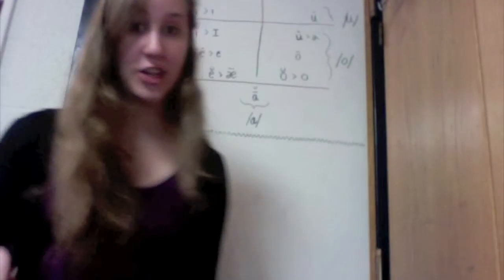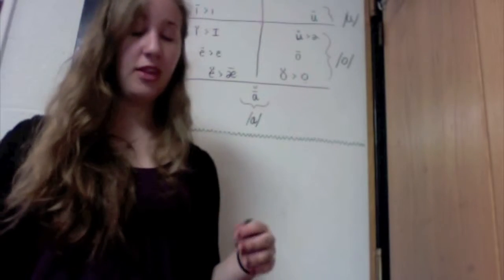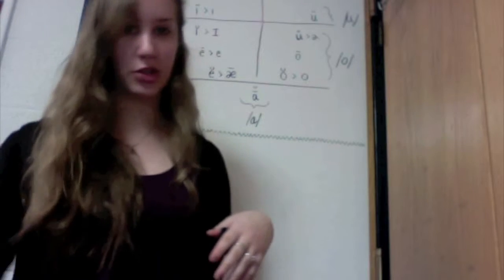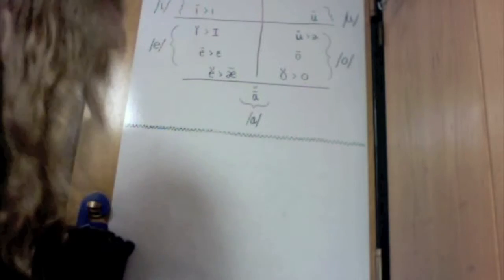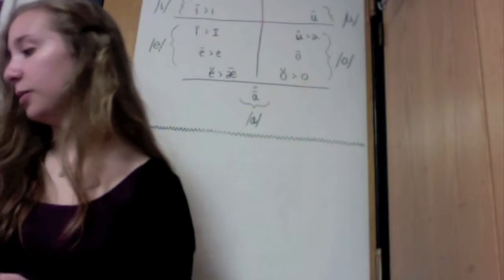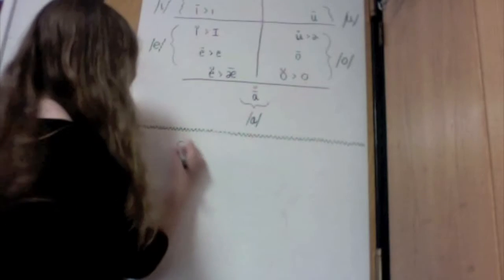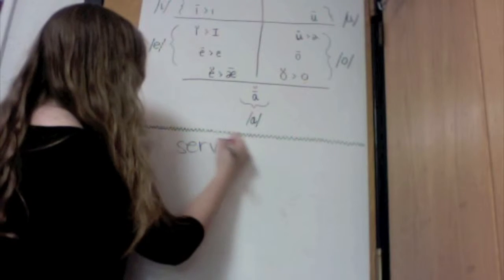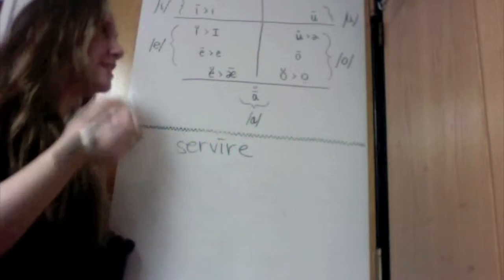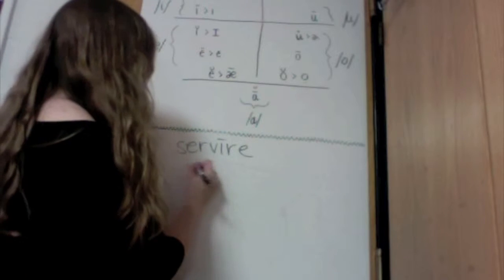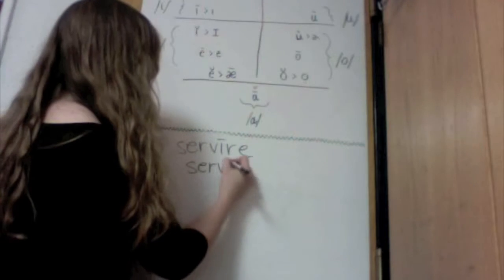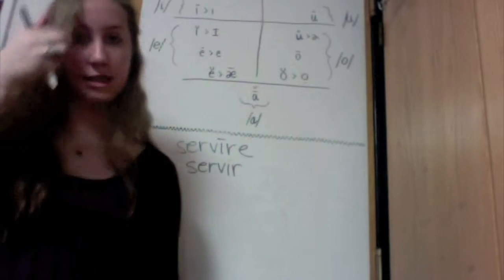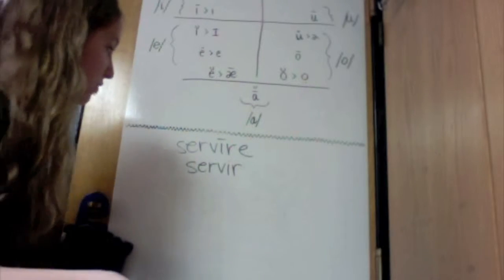Okay, so now that you understand the whole way that the verbs change, let's have fun with it. I'm going to take the verb servire in Latin and servir in Spanish and show you how they change.